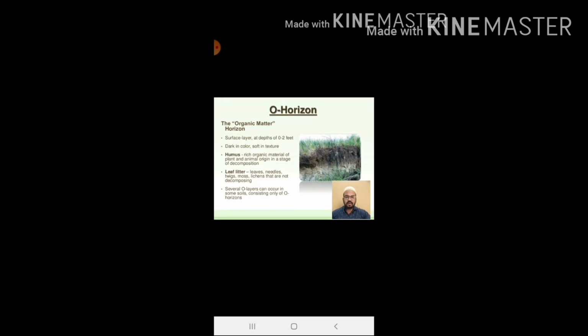This soil is very rich in humus, the organic material of plants and animals, and leaf litter, that means leaves, needles, twigs, moss and lichens that are not yet decomposed. Humus is very good for the growth of the plant, and the roots of the plant present in this layer get all the necessary nutrients from the humus, which is supplied to the plant.